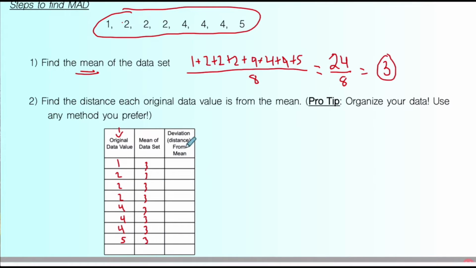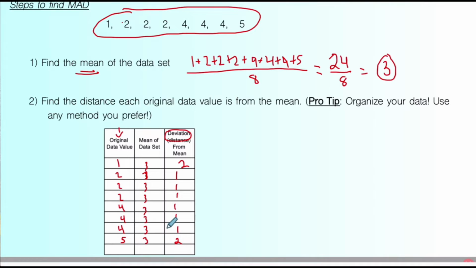All right, and now deviation, aka distance. We're going to be finding how far is each number from the mean. That's super, super simple. How far is 1 from 3? It's 2 spaces away. How far is 2 from 3? It's 1 space away. 2 from 3, 1 space. How far is 4 from 3? 1 space. 4 from 3, 1 space. And how far is 5 from 3?